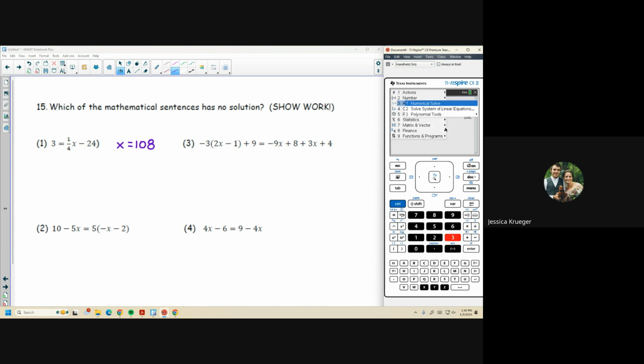algebra, numerical solve. 10 minus 5x equals 5 parentheses. Now, I want you to notice there's no number in front of this minus. This is not a minus sign. This is a negative.